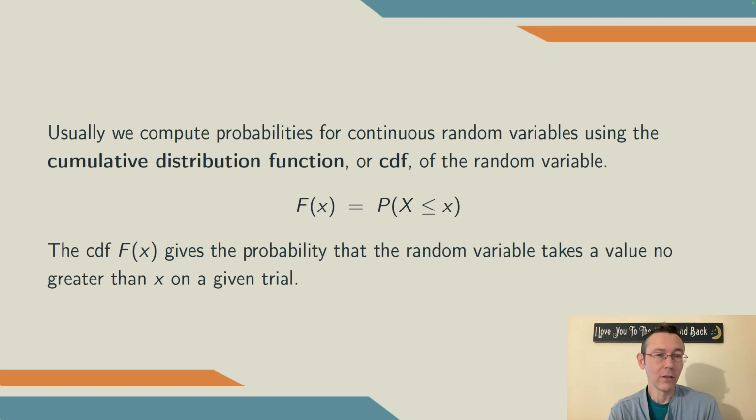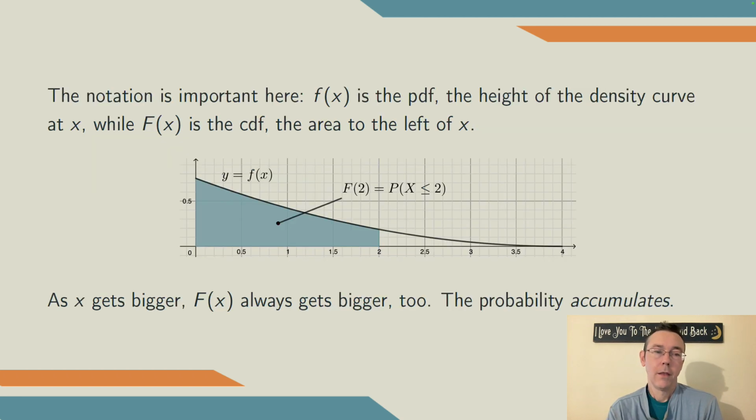The CDF is just literally the probability that has accumulated by the specified value x. More technically, it's the probability that the random variable X is less than or equal to the value x. The notation is important here, so make sure you absorb it right now. Little f(x) is the PDF, the density function, and it's telling you the height of the density curve.